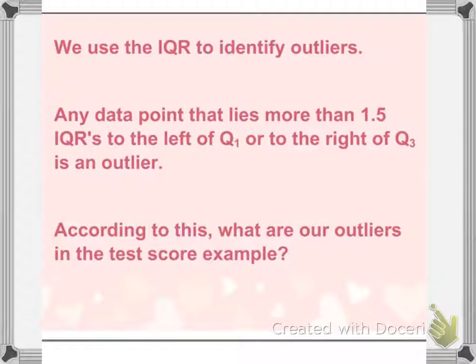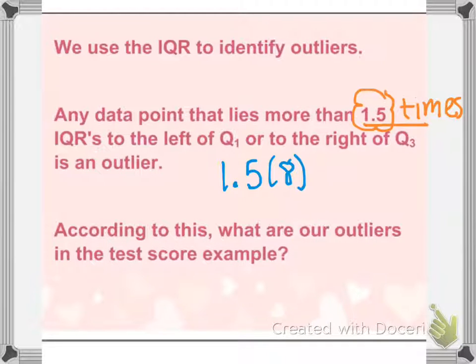So an outlier is defined as any point that lies more than 1.5 times the IQR to the left or to the right. So it's always 1.5 that you're using, 1.5 times the IQR. Our IQR was 8, so I would take 1.5 and multiply it by 8.